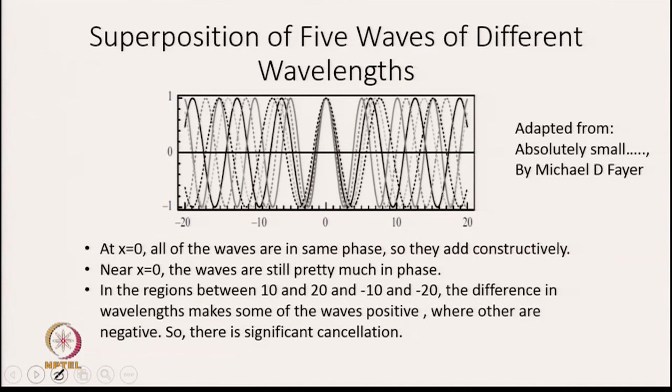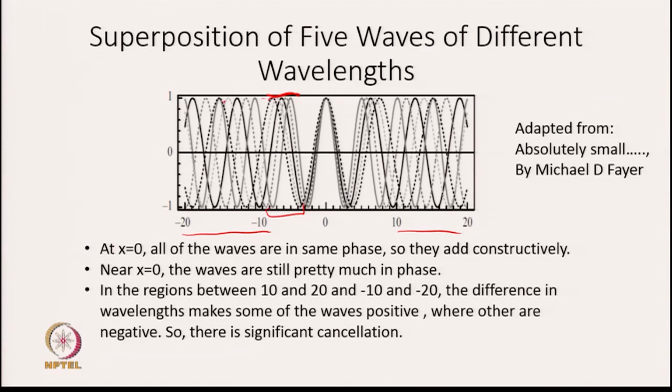Near x equal to 0, in this region, the waves are still pretty much in phase, whereas in the regions between 10 and 20 and minus 10 and minus 20, the difference in wavelengths makes some of the waves positive.